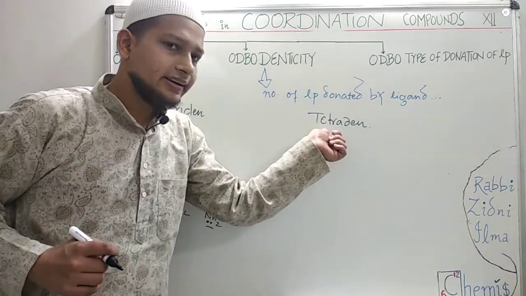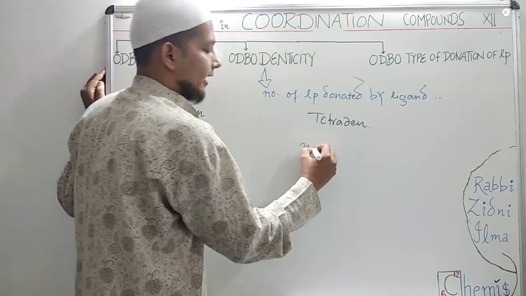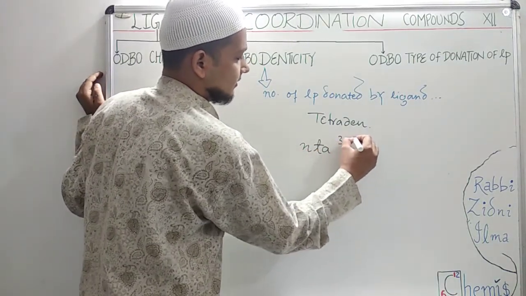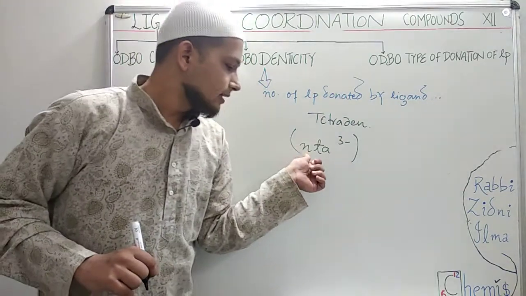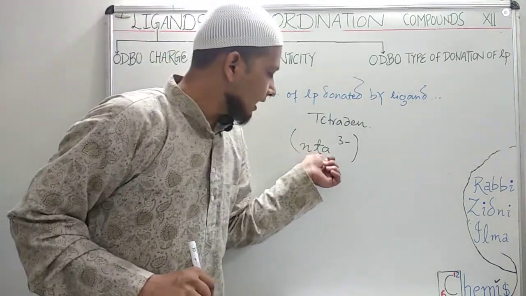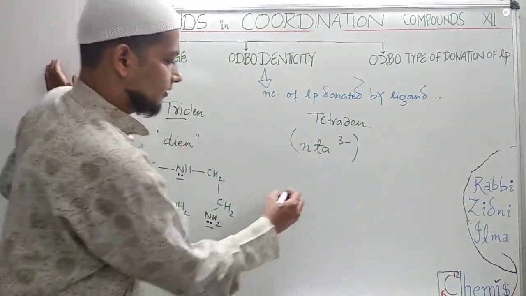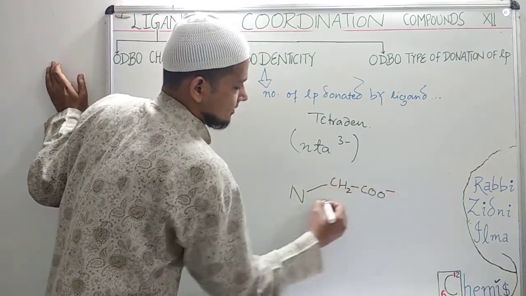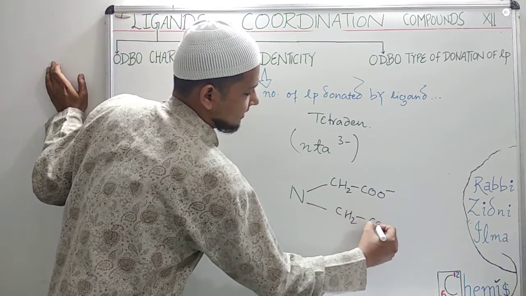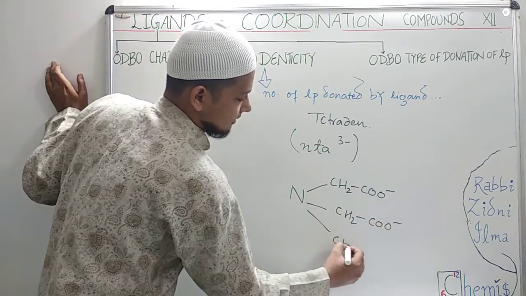Next is the tetradentate ligand, and the example is NTA3-. It is not National Testing Agency, it is nitrilotriacetate. Look here, N along with 3 CH2COO, representing our acetate ion.